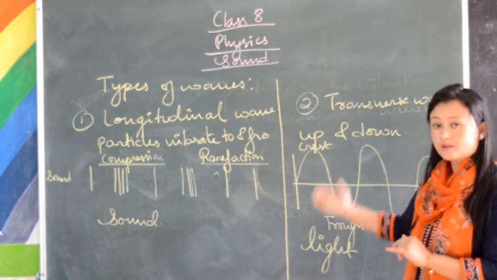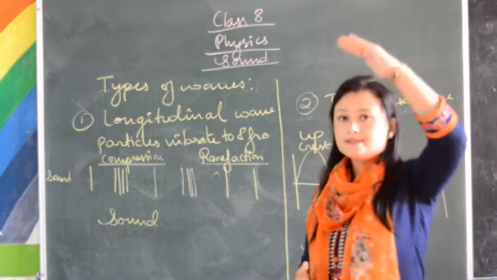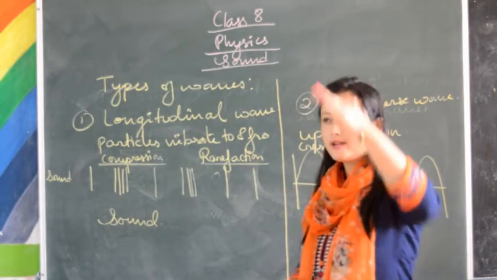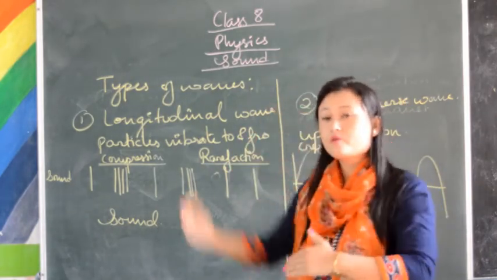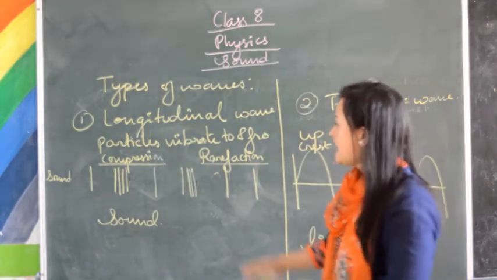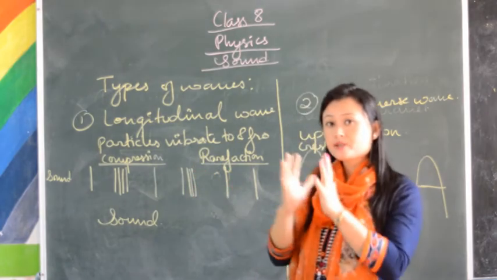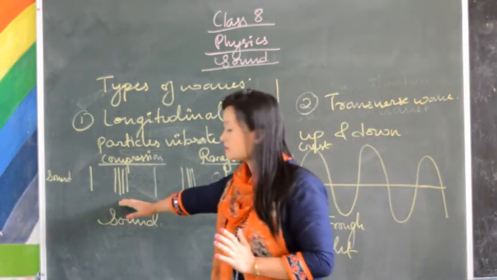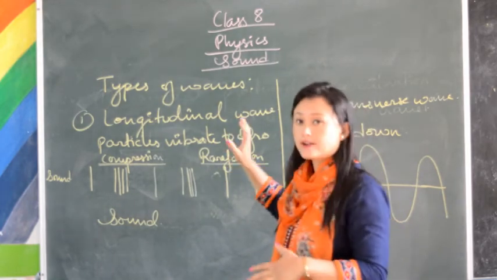Whereas in transverse wave, the particles vibrate up and down, like the bouncing of balls, like the waves of the ocean. And in longitudinal wave, as I said, when the particles come closer, it's called compression, and when they get back to the normal position, we call it rarefaction.